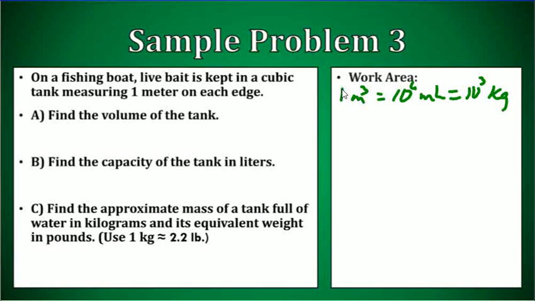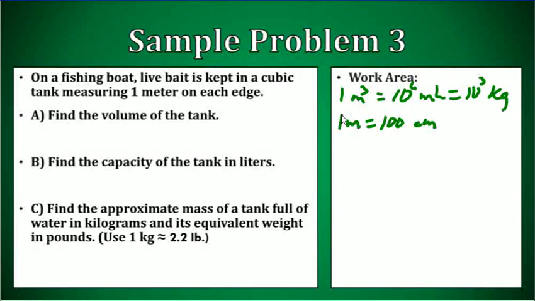We're going to make use of that in our problem today. It says find the volume of the tank. So we would convert this from meters to centimeters. 1 meter has 100 centimeters.